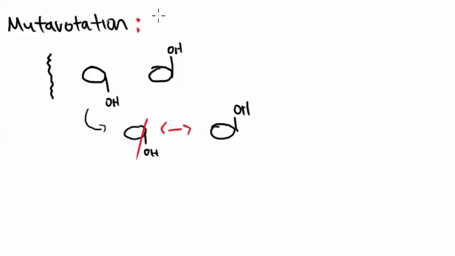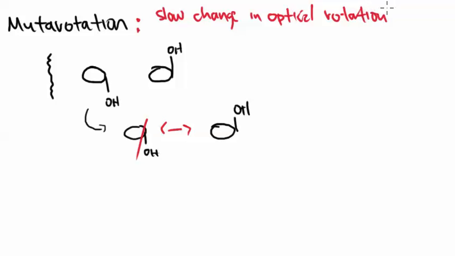It's basically a slow change in optical rotation due to the alpha and beta anomers.